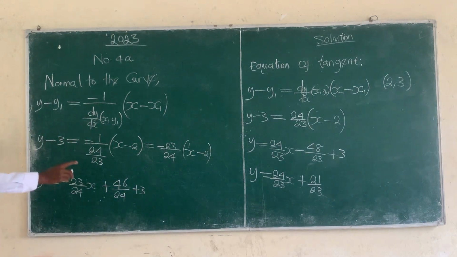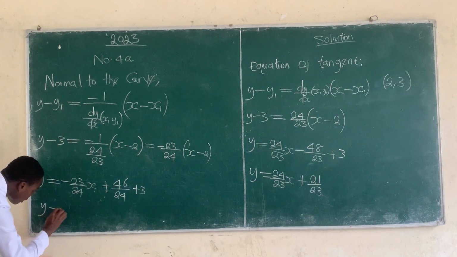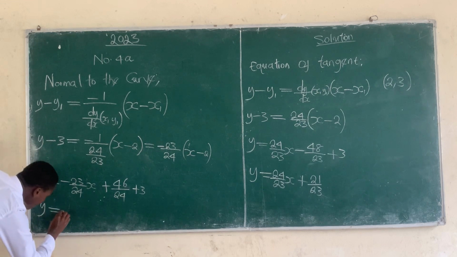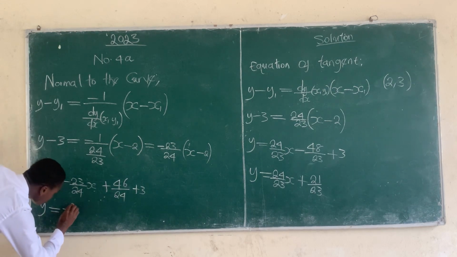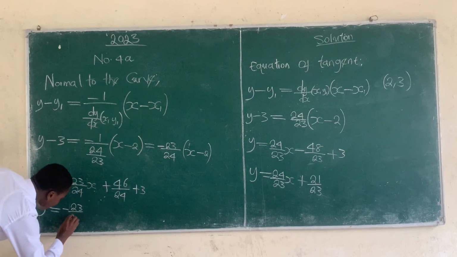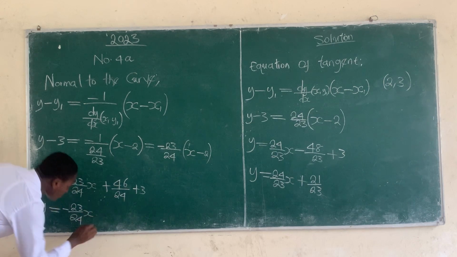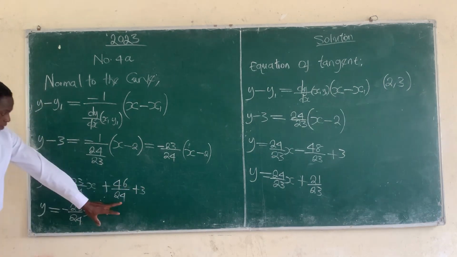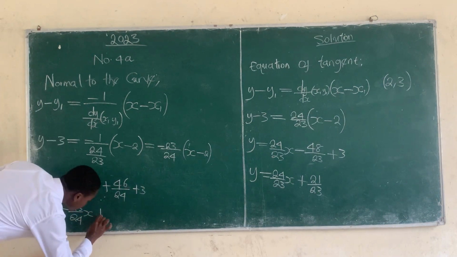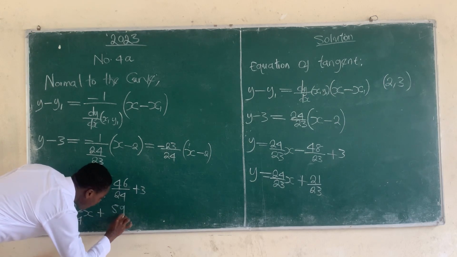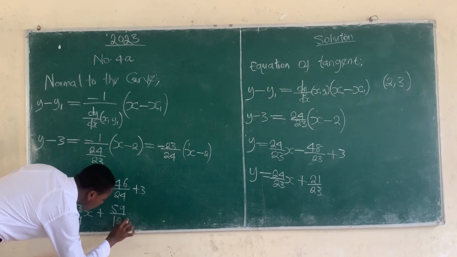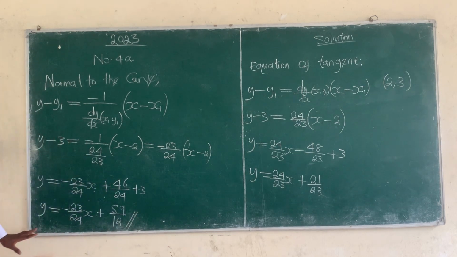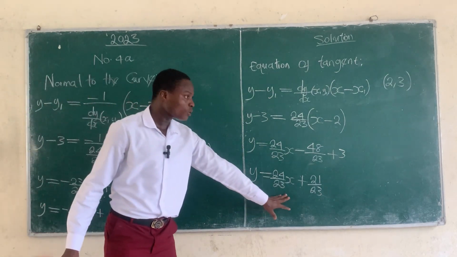So let's evaluate this and find our normal to the curve. So we have minus 23 over 24x. Let's evaluate this. If we evaluate this, we have 59 over 12, and that becomes our normal to the curve, and this becomes our equation of tangent.